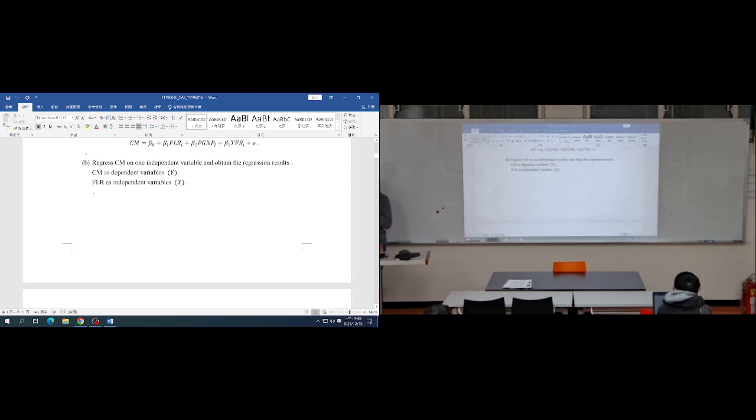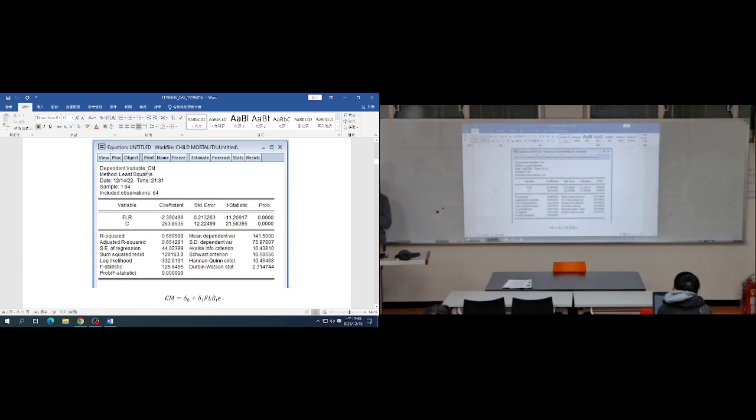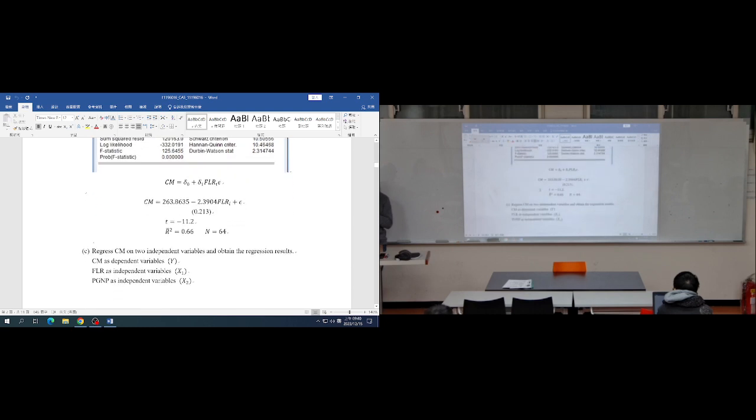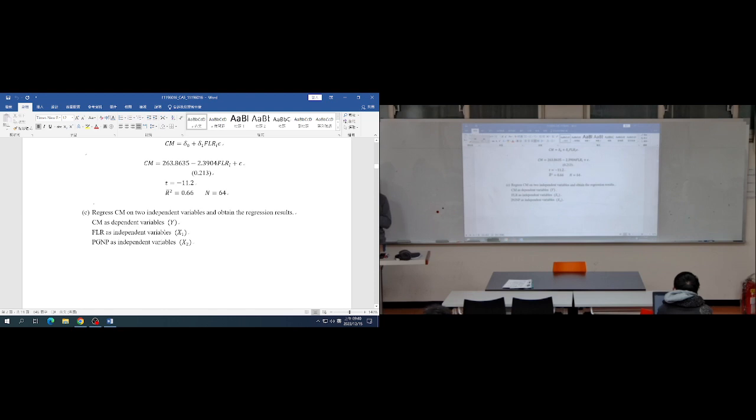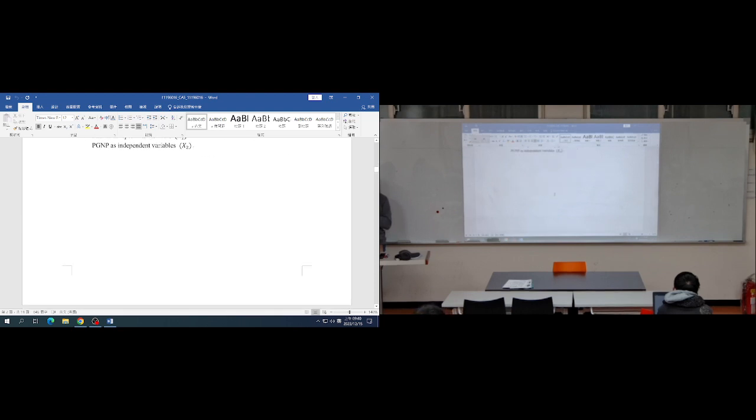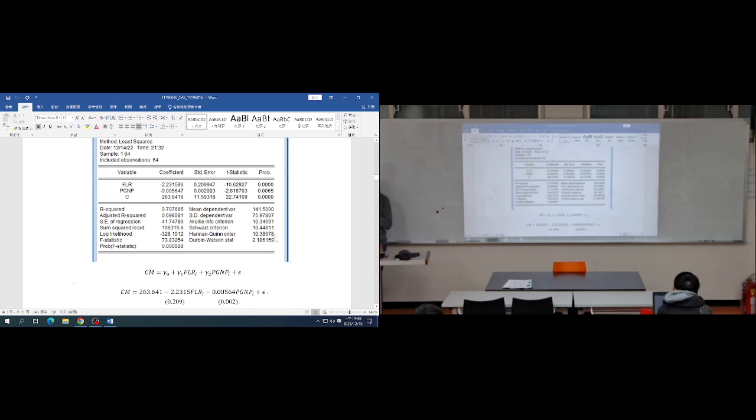So then we launch our different regressions. Here only the fertility rate. Here we have the main statistics for this regression. Then we go with the fertility rate plus the per capita income.